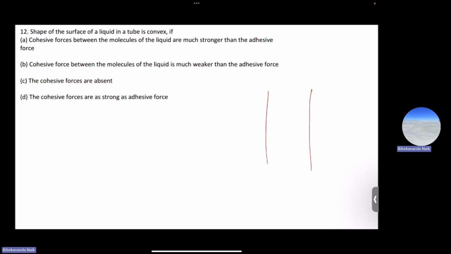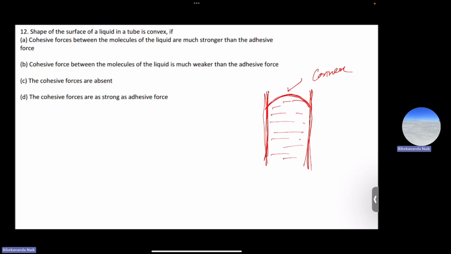Convex means this is the convex face. Suppose this is the liquid. Cohesive force between the molecules of the liquid are much stronger than the adhesive force, or cohesive force between the molecules of the liquid is much weaker than the adhesive force.